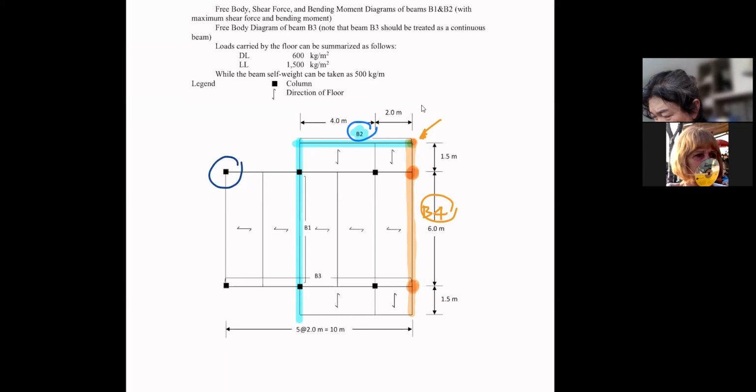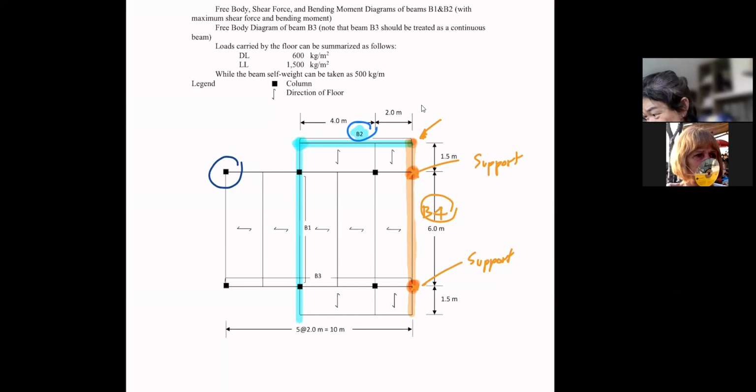So these 2 points will be the support for B4. This is also the support for B4. Okay? And for B2, the support for B2 would have to be this, of course.